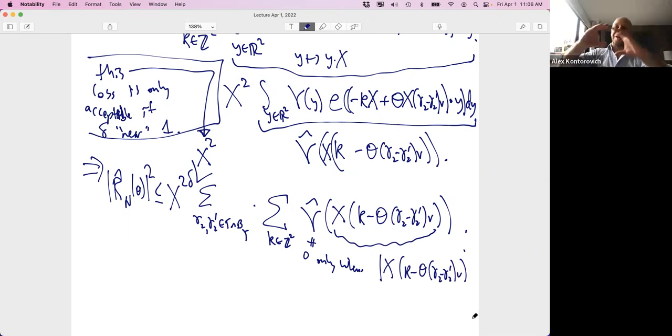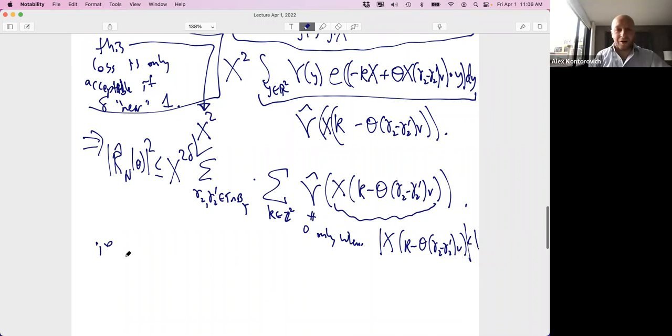Now I'm being a little sloppy about whether this is a circle or a square, L infinity versus some constants that won't play any role. In other words, whatever this number theta times gamma 2 minus gamma 2 prime v is, minus some integer lattice point k, has to be less than 1 over x.